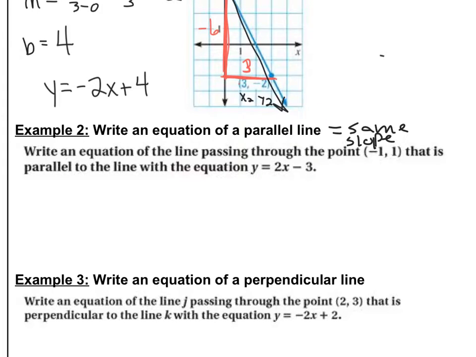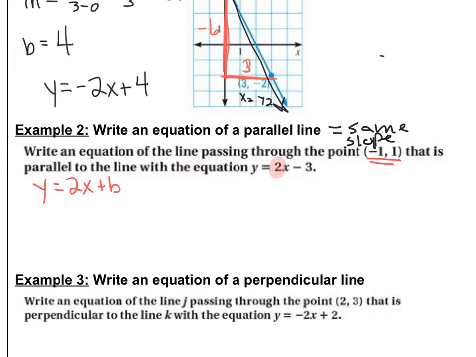Remember, in this problem, our slope is found right there. So we're going to rewrite it, y equals 2x, but we want it to go through this point, so we're going to say plus b. We don't know where it's going to cross the y-axis.